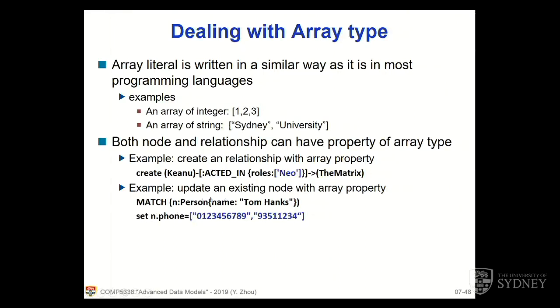If we want to update an existing node with array properties like this, we just use array literals. So if we want to add the phone property of the person called Tom Hanks, first we find the person, and then we set its phone property to an array.